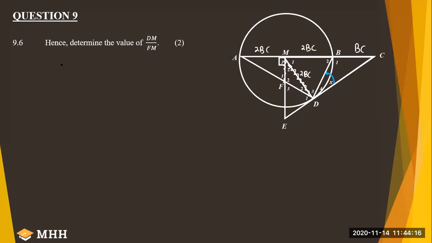We just proved that triangle DBC was similar to triangle DFM. Is there maybe a DM? It looks like it. Is there FM? Yep, there is.